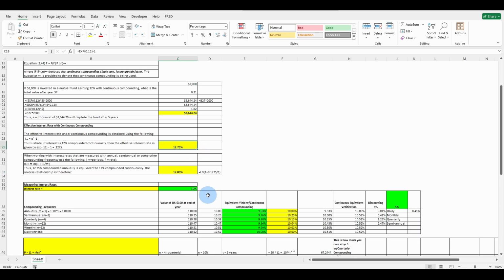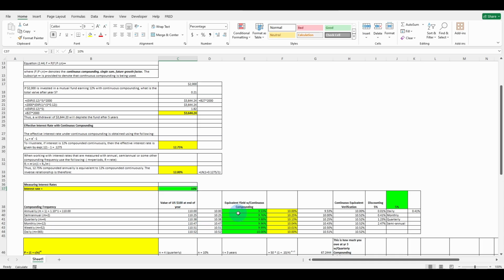Tricky, because you're thinking one thing, you're going another. 12.75% compounded annually is equivalent to 12% compounded continuously. If you take 12% continuous compounding, it equates to 12.75%. Yeah, I know. This is where your thinking just goes haywire.